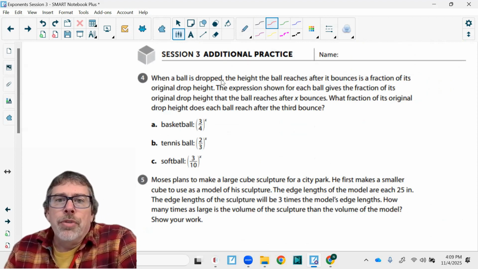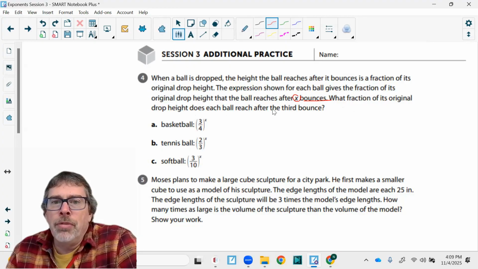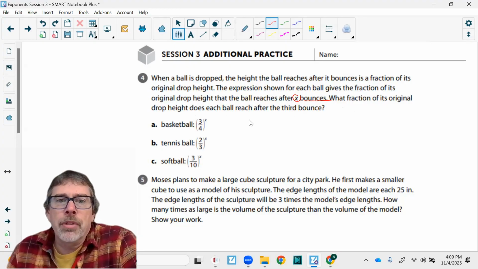When a ball is dropped, the height the ball reaches after it bounces is a fraction of its original drop height, which we did in the prior lesson, or the beginning of this lesson. The expression shown for each ball gives the fraction of its original drop height that the ball reaches after x bounces. What fraction of its original drop height does each ball reach after the third bounce?